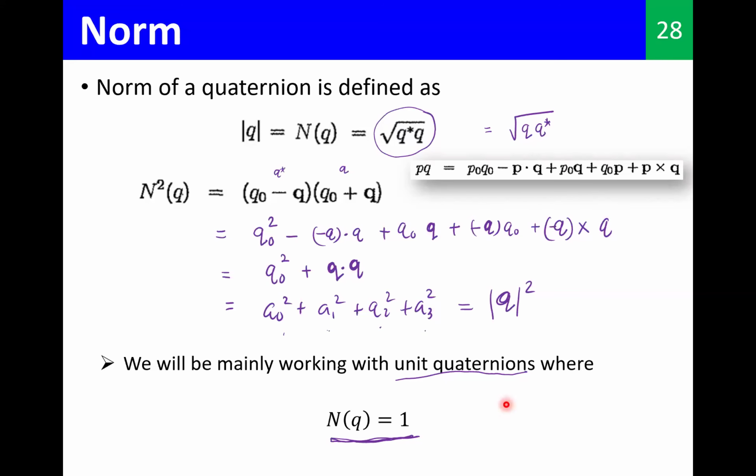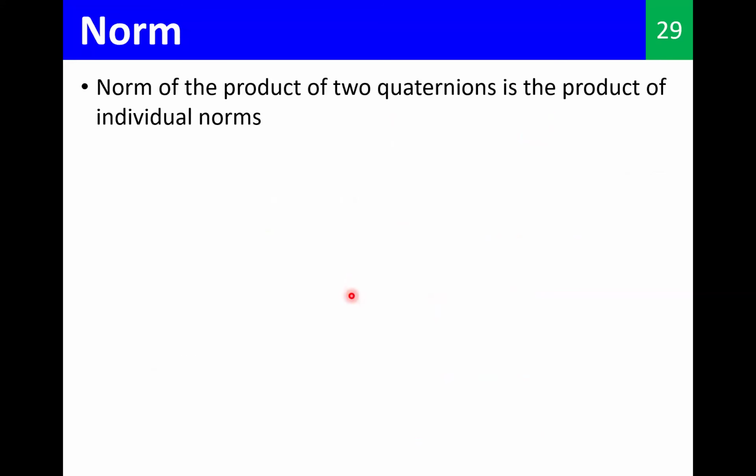Now if we further look at the norm of the product of two quaternions, as it says here, it will be equal to the product of individual norms. Maybe I can quickly write that here.